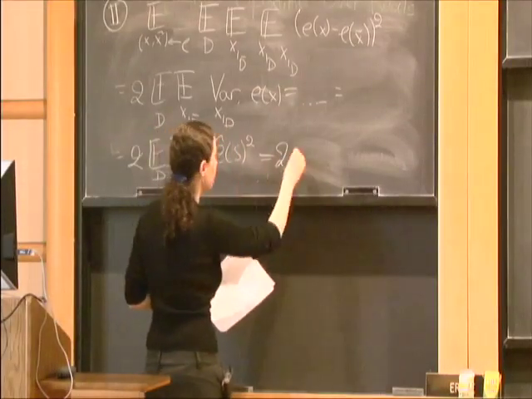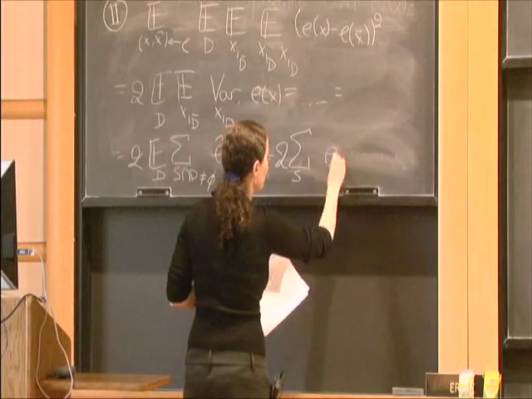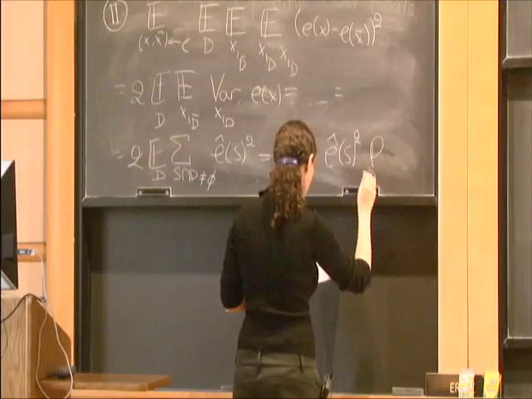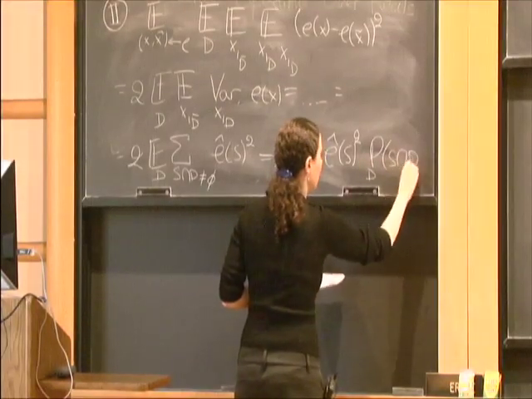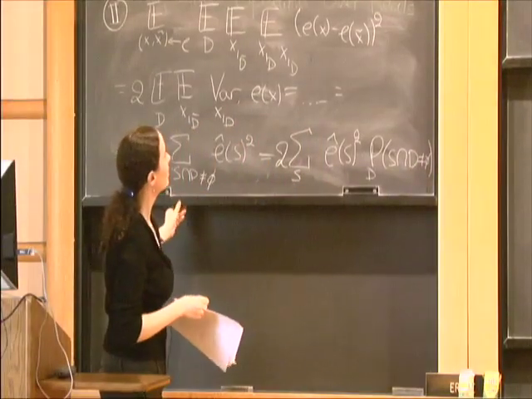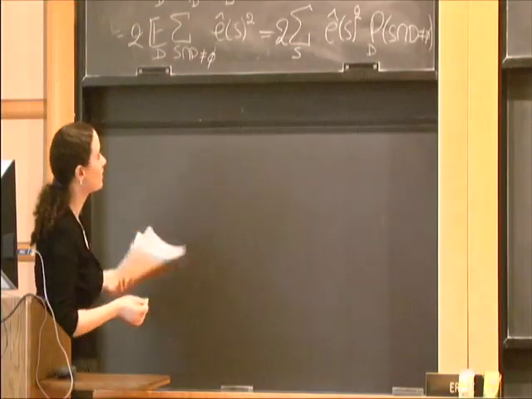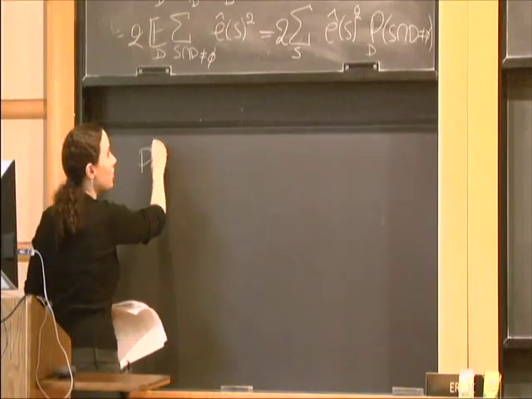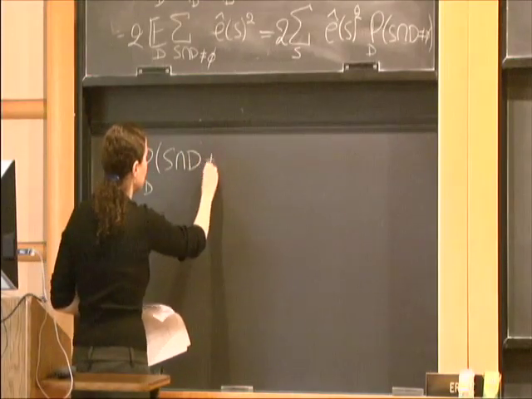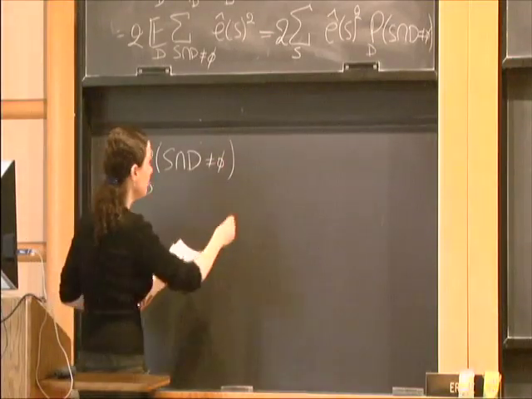Which is the same as counting every subset, every monomial S, with a weight which is proportional to the probability that the intersection is not empty. I'll write this here. So the probability over D that S intersect D is not empty.